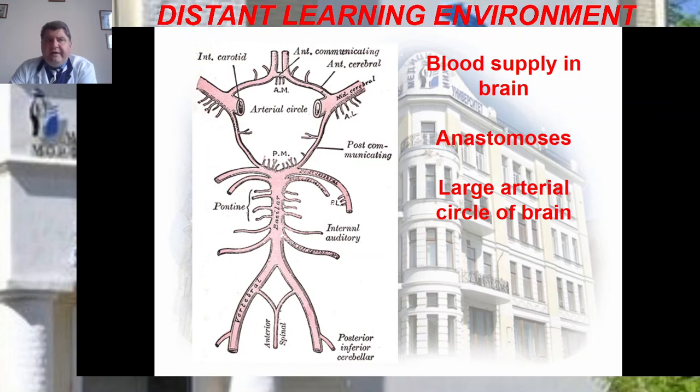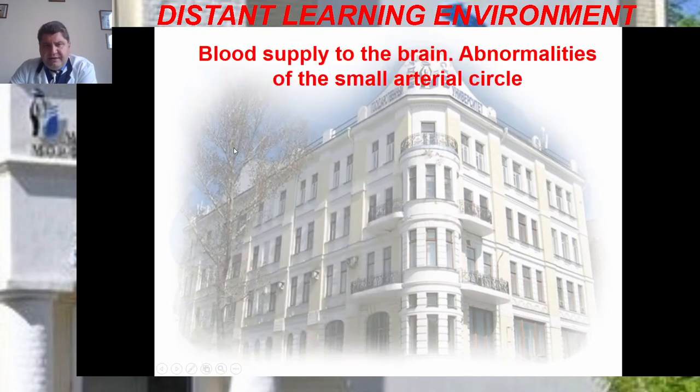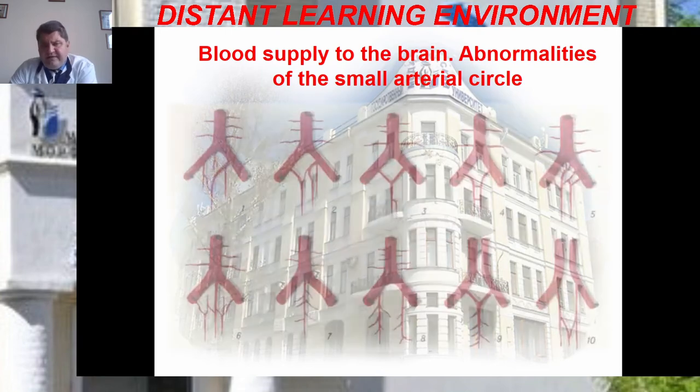blood supply of the brain, and also you must know that this anastomosis is inconstant, because it may be absent either on the right side or on the left side.